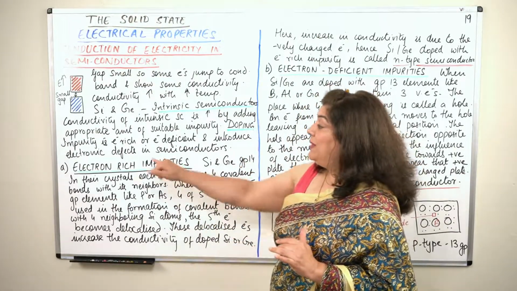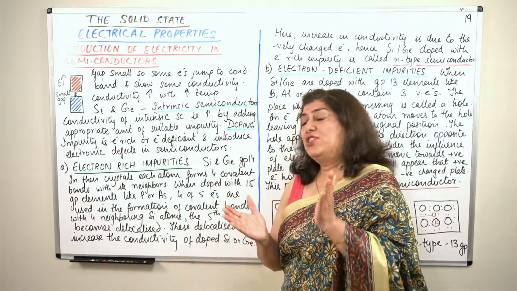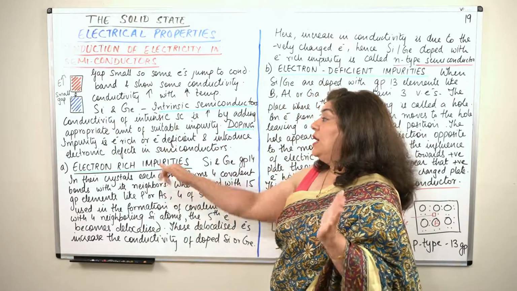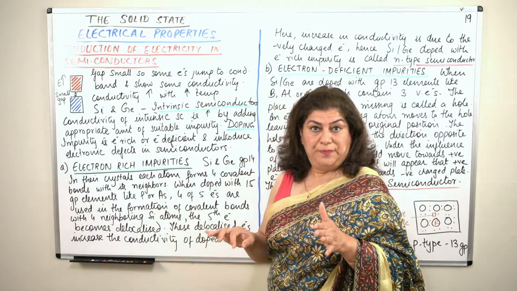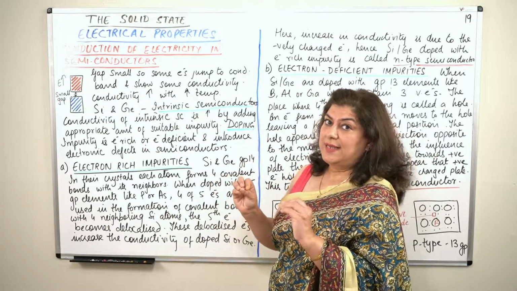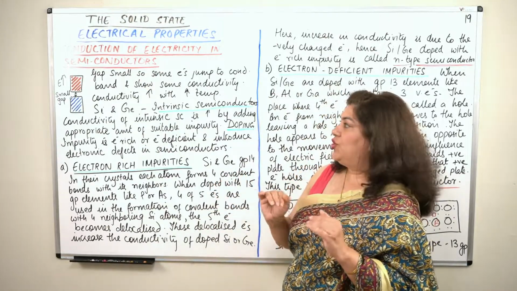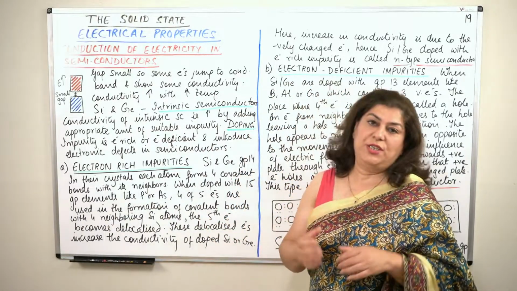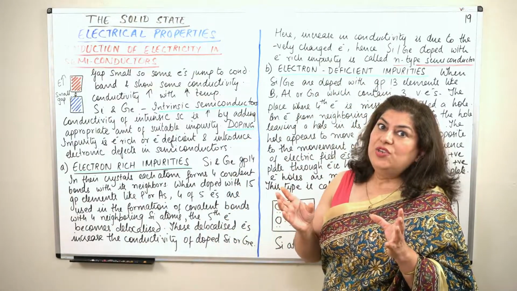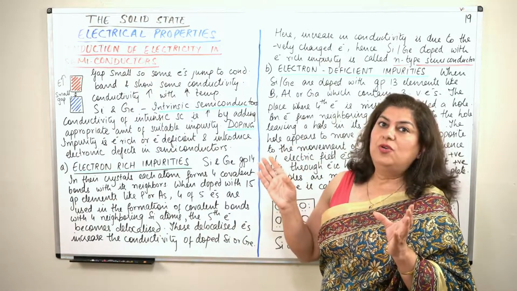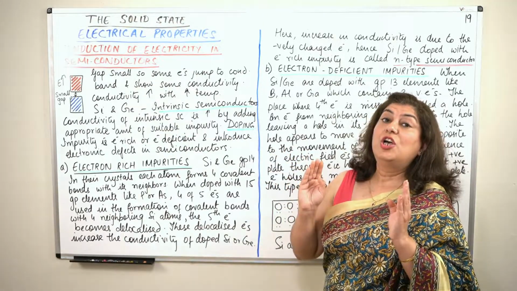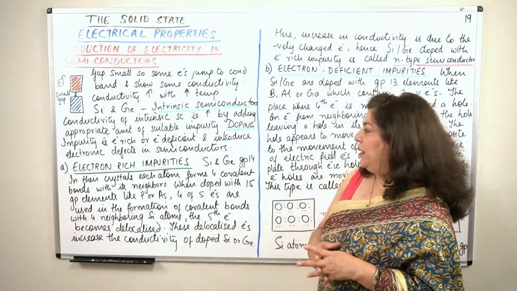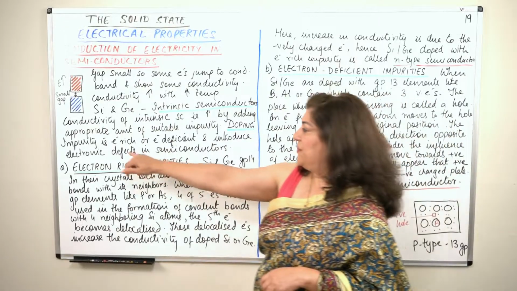If the impurity has more electrons than silicon or germanium, it is called an electron-rich impurity. And if the impurity that is added has fewer electrons in the valence shell than silicon and germanium, then it is called an electron-deficient impurity. Both kinds of impurities will help semiconductors improve their conductivity. So let us understand these one by one.